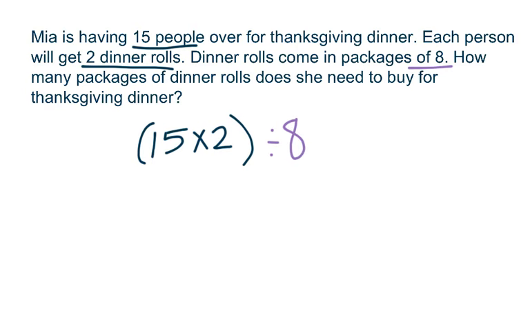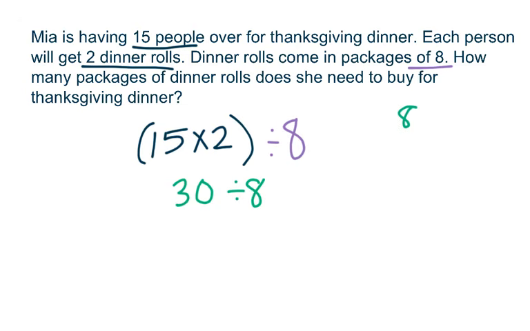When we multiply 15 times 2, we get 30, and then we're dividing 30 by 8. Now we could draw a picture to help us with this problem, or we can think about our multiplication facts, or our multiples of 8. So 8 times what is going to get me close to 30 without going over?